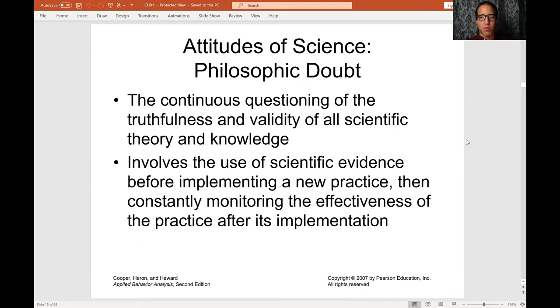And so, this is why in ABA, you want to constantly monitor the effectiveness of the practices that you're doing. You always want to go back to your graphs. You always want to see how I can make this better, right?